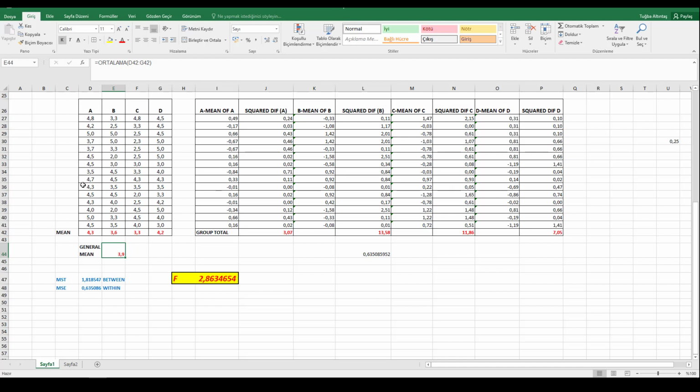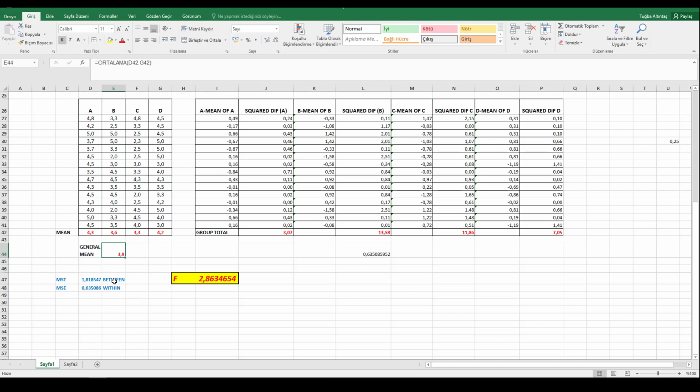But there is also the mean of each group. For group A, the mean satisfaction is 4.3 out of 5. For center B, the mean satisfaction level is 3.6. For C, 3.3, and for D, 4.2.